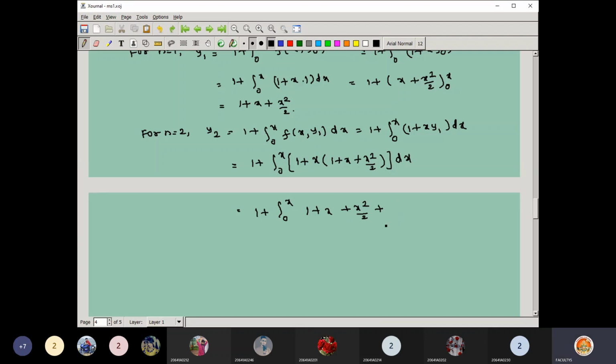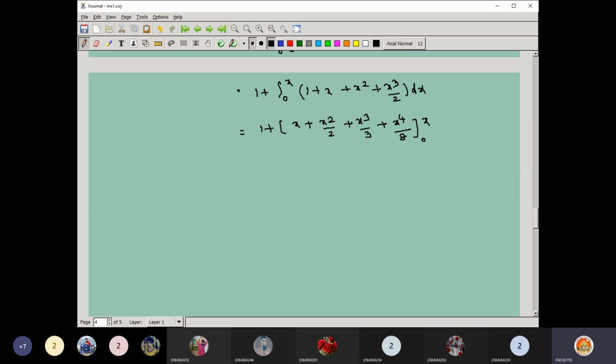Is it correct? 1 plus x square plus x cube by 2, it is of dx. Now you are integrating. So if I do the integration, x plus x square by 2 plus x cube by 3 plus x to the power of 4 by 4 into 2 is 8. So limits 0 to x.